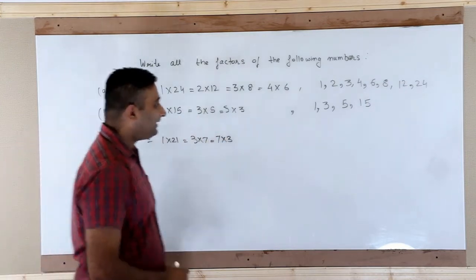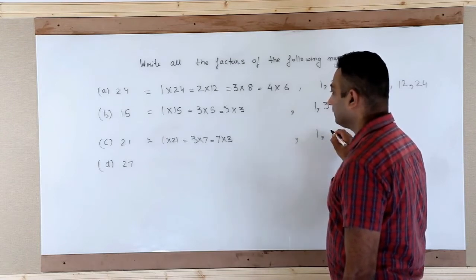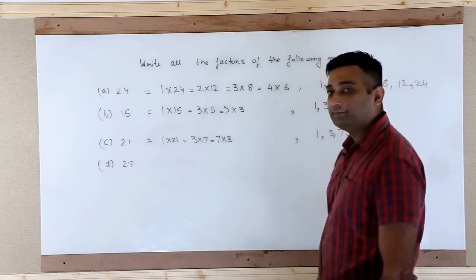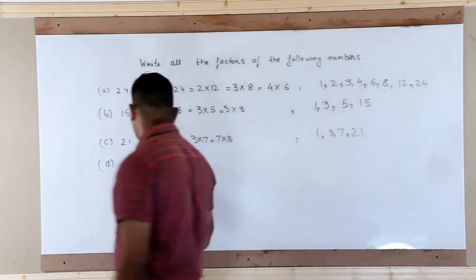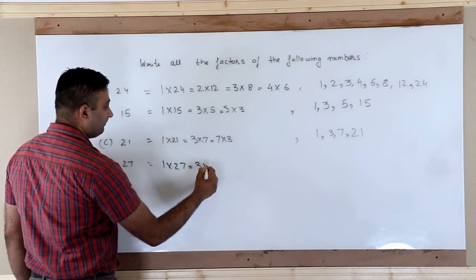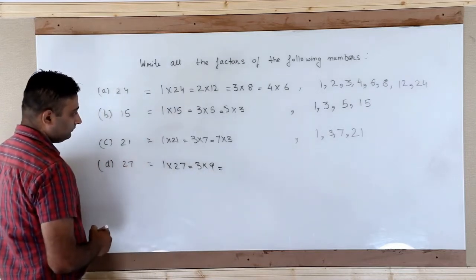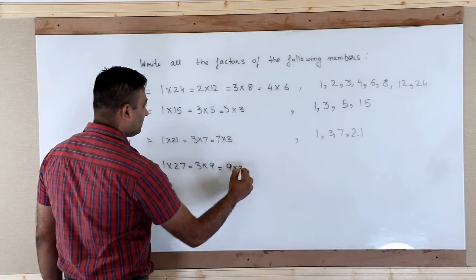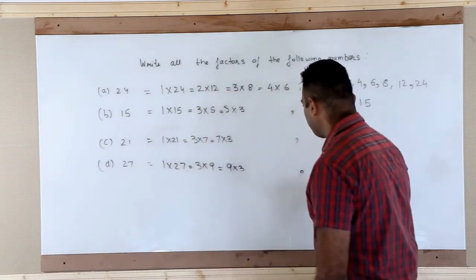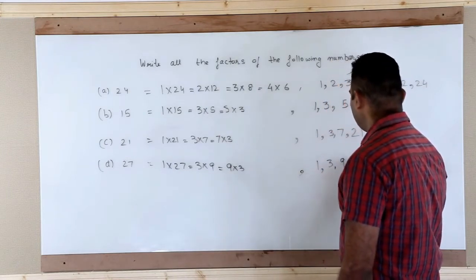So we can easily see that the factors of 21 are 1, 3, 7 and 21. Now 27 can be written as 1 multiplied by 27, 3 multiplied by 9 and 9 multiplied by 3. Hence, the factors of 27 are 1, 3, 9 and 27.